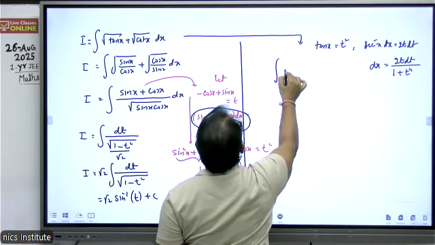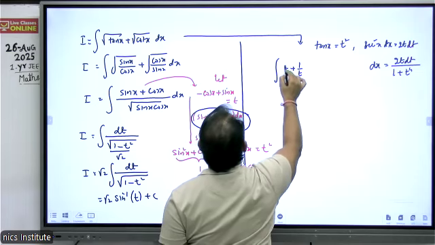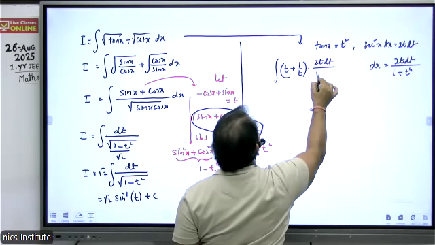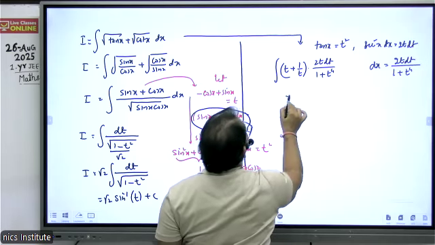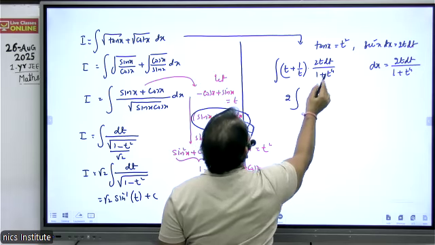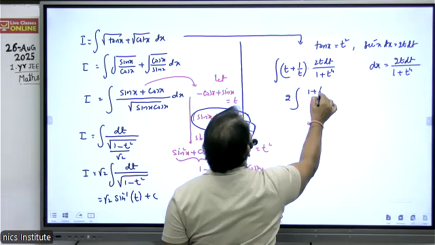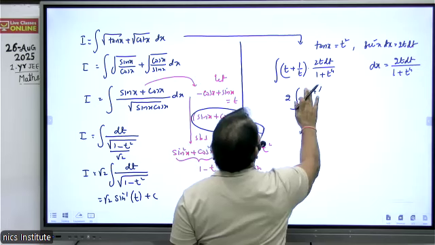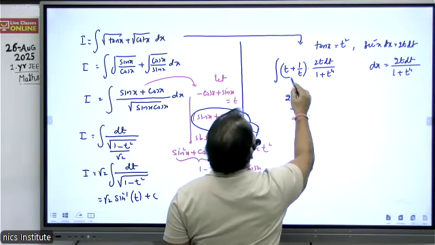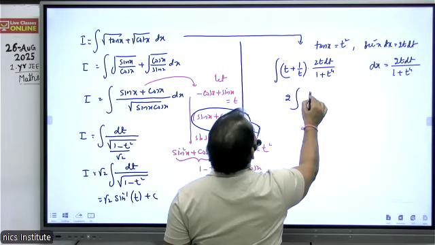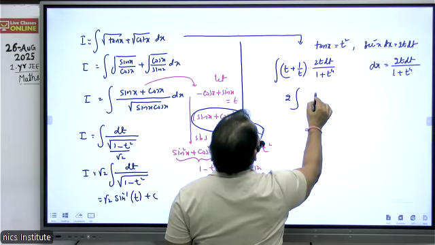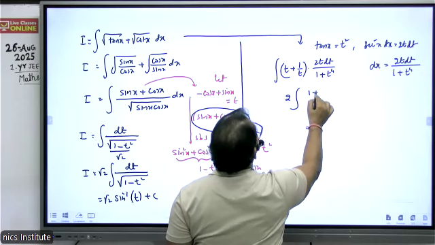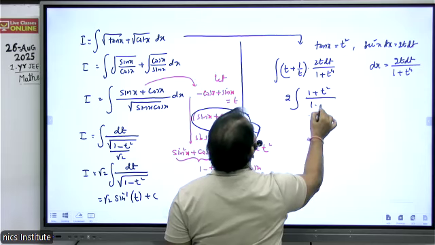So this integral would be t plus cot x would be 1 by t, and dx is 2t dt over 1 plus t4. If I take LCM and multiply straight away, it will be 1 plus t4.